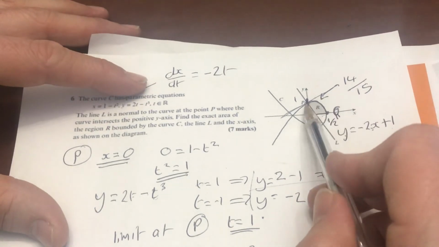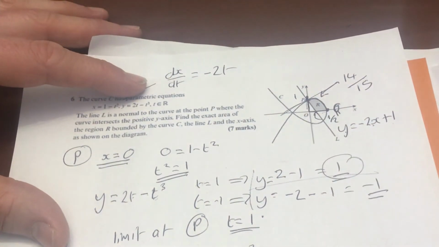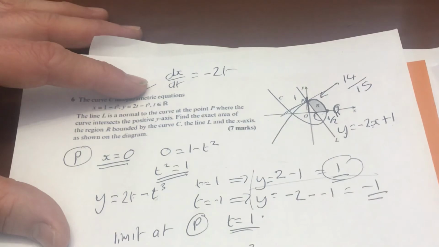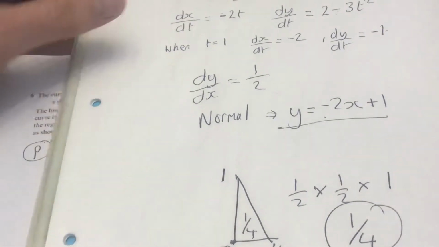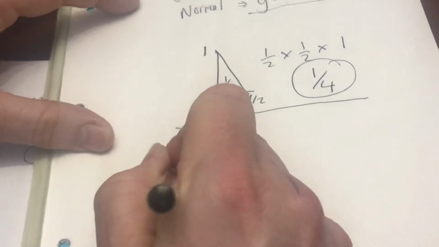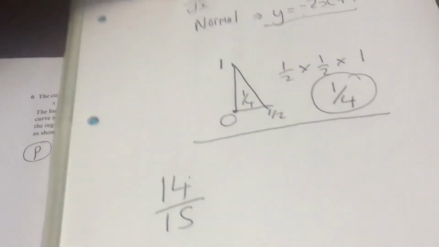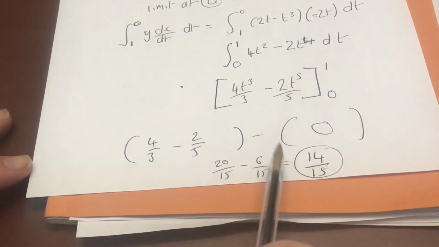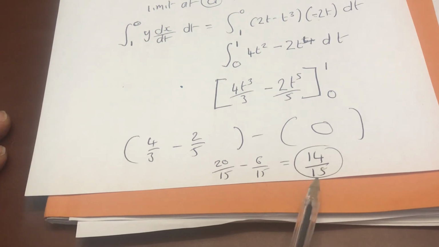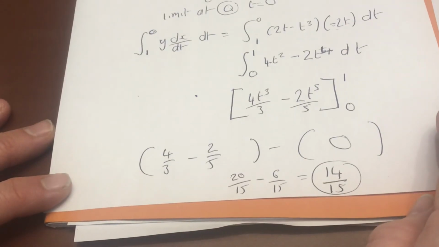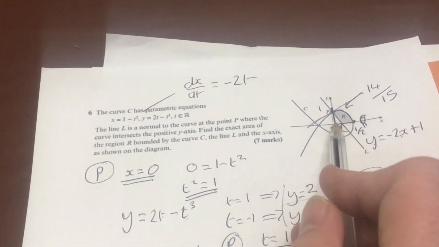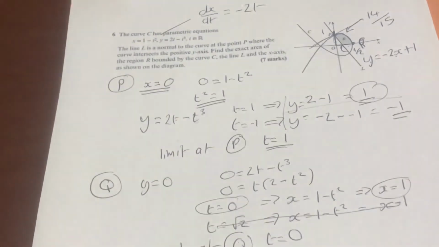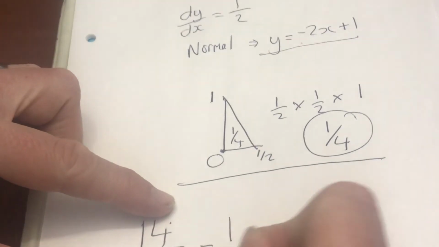Well, I've got the area which we found earlier, all of this, which was 14 over 15. Let's go back. We've done that integration to find 14 over 15. And then the area of that little triangle we're cutting out is just a quarter, minus a quarter.